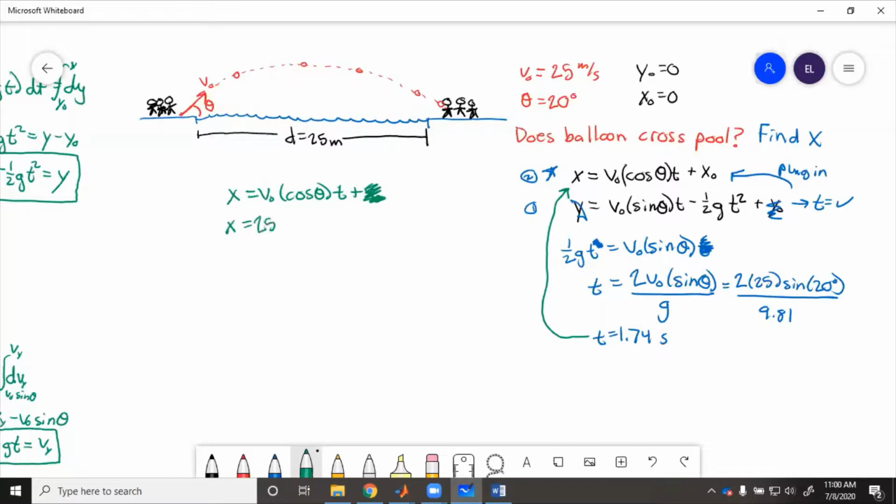X equals 25 cosine of 20 degrees times 1.74. x equals 40.95 meters. So 40.95 is greater than 25, x is greater than d. Answer is yes. Balloon crosses the pool.